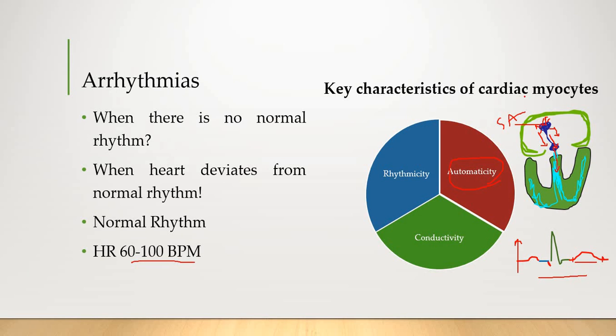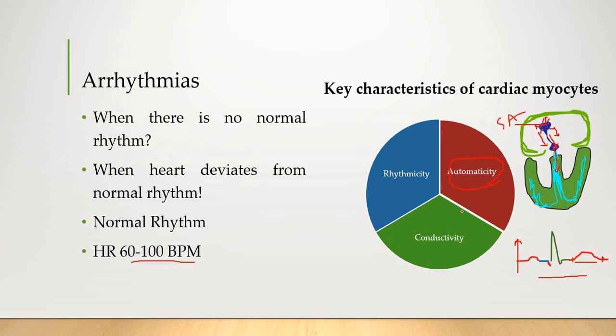Thus the key characteristics of cardiac myocytes are automaticity, rhythmicity, and conductivity. Any abnormalities in automaticity will lead to disorders like sick sinus syndrome, sinus tachyarrhythmia, or sinus bradyarrhythmia. In case of conductivity, it will lead to heart block like first degree, second degree, and third degree block.